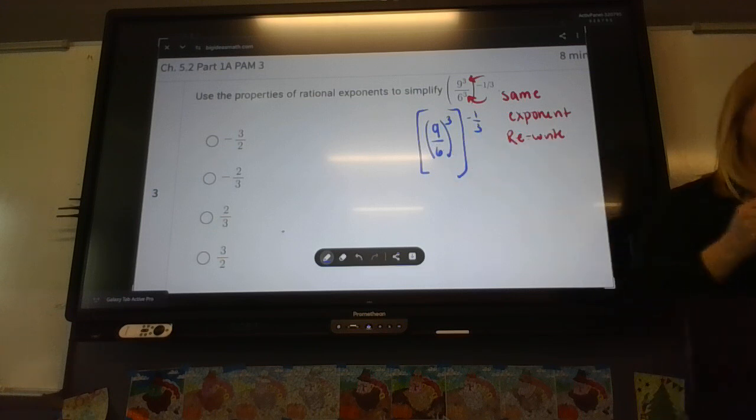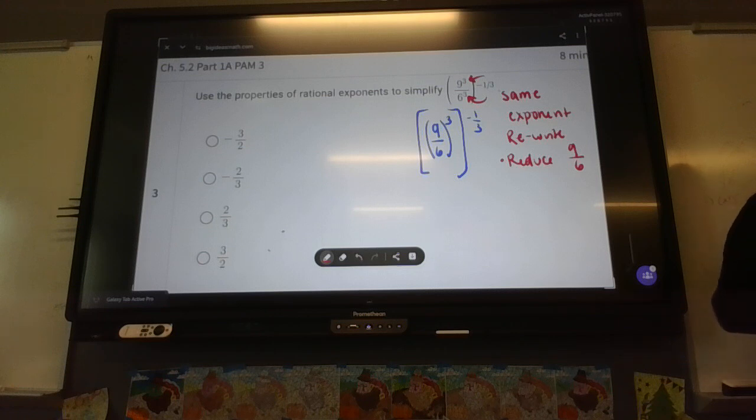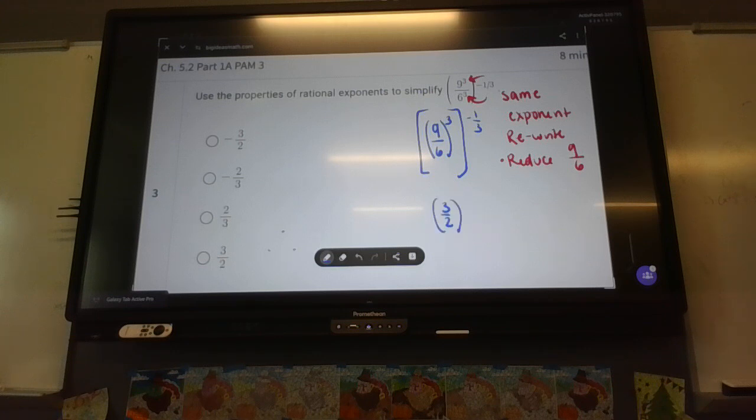So I'm going to reduce 9/6 now. And so that divides by 3, so that's 3/2. So that's really 3/2 to the third, brackets, negative 1/3.